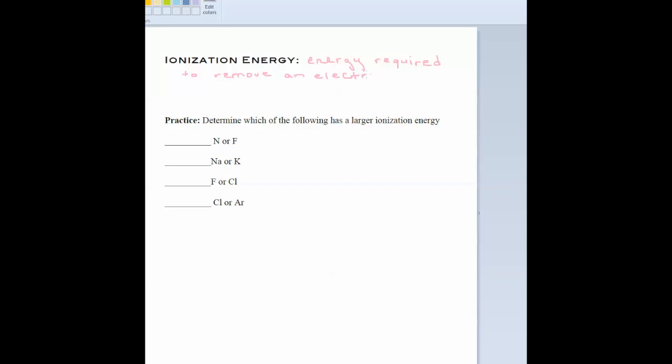All right, so if you think about it, we're going to relate right now the atomic size and the ionization energy. So if I've got, I'm going to draw one atom right here. It's going to be really small with an electron right here. And then I'm going to draw another one with a bunch of energy levels.